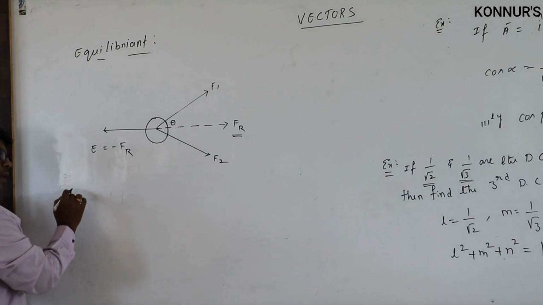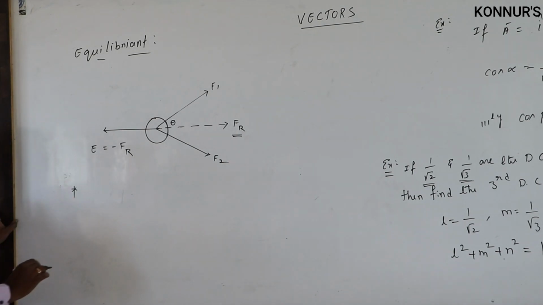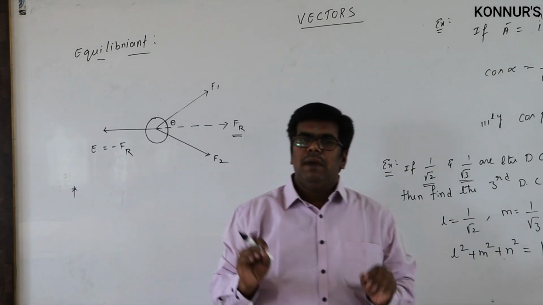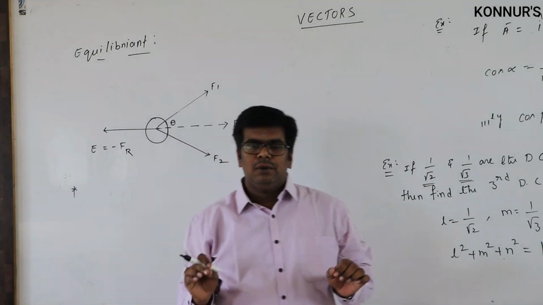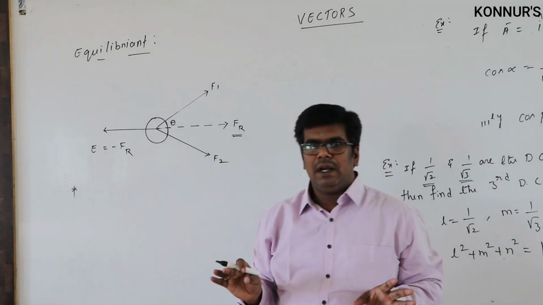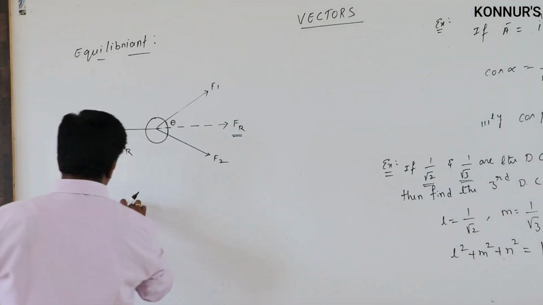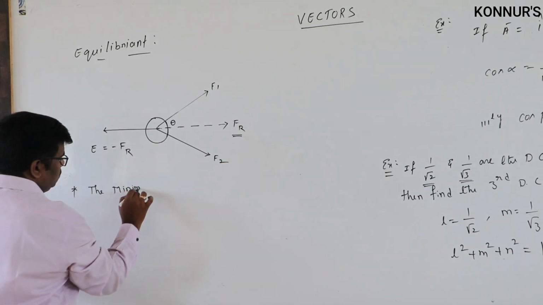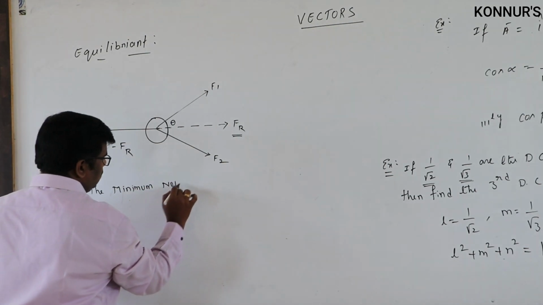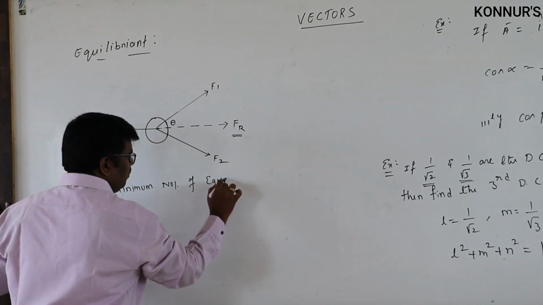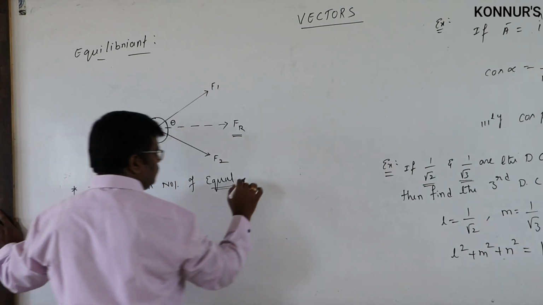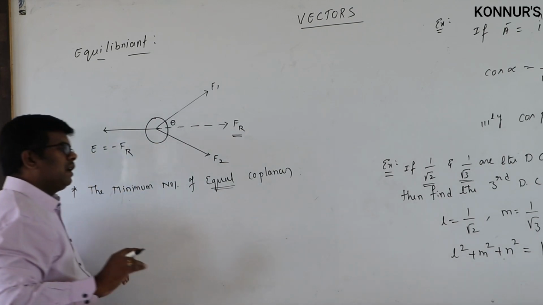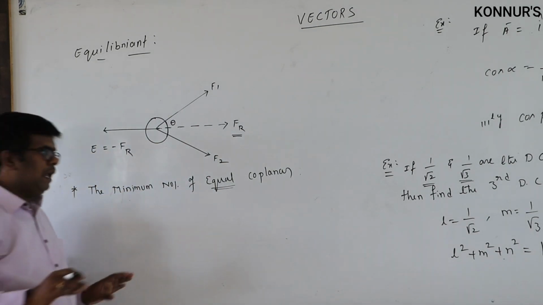See, a few points they may ask you like this. If you want to keep the body in equilibrium, what is the minimum number of equal coplanar forces required? You have to understand, coplanar: what is the meaning of coplanar? All the vectors lie in the same plane.